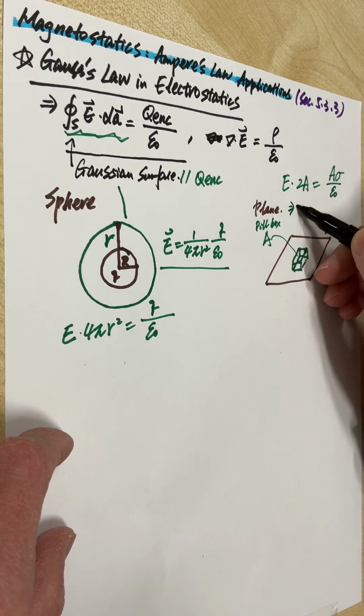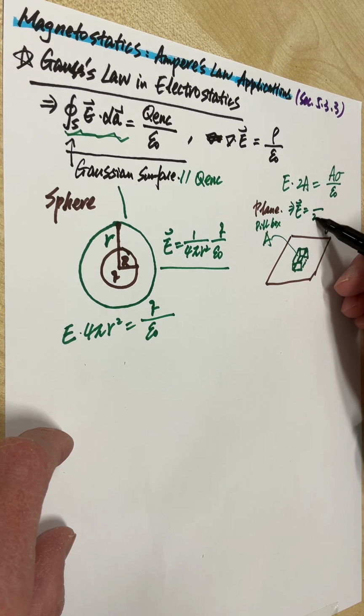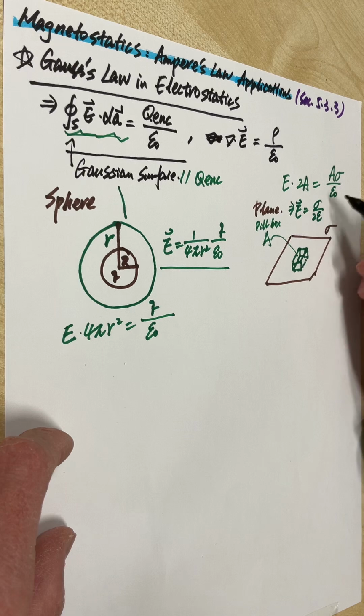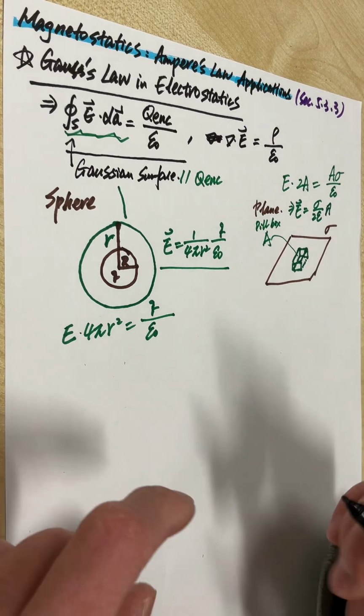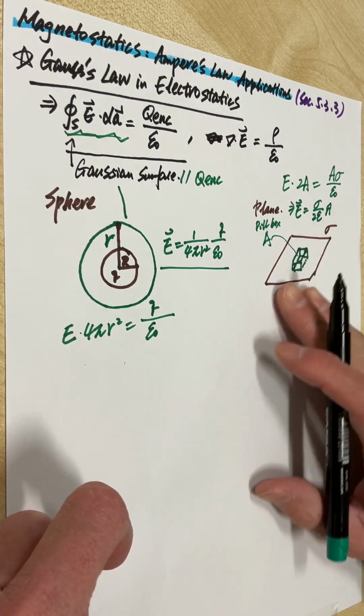In summary, E equals sigma divided by 2 epsilon zero. The direction is normal, perpendicular to the uniformly charged surface.